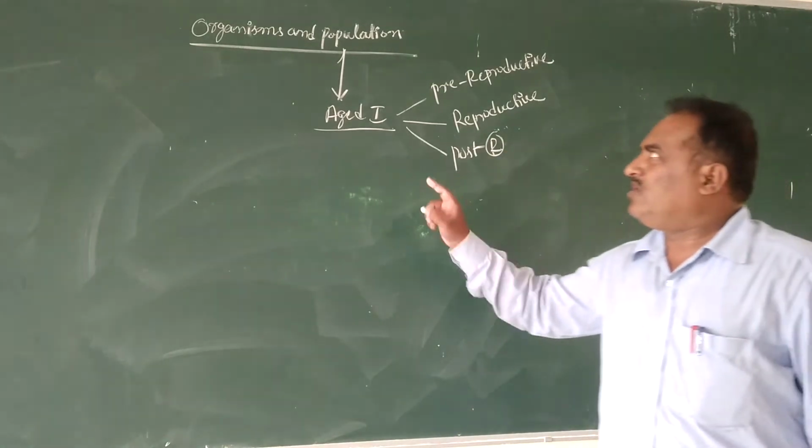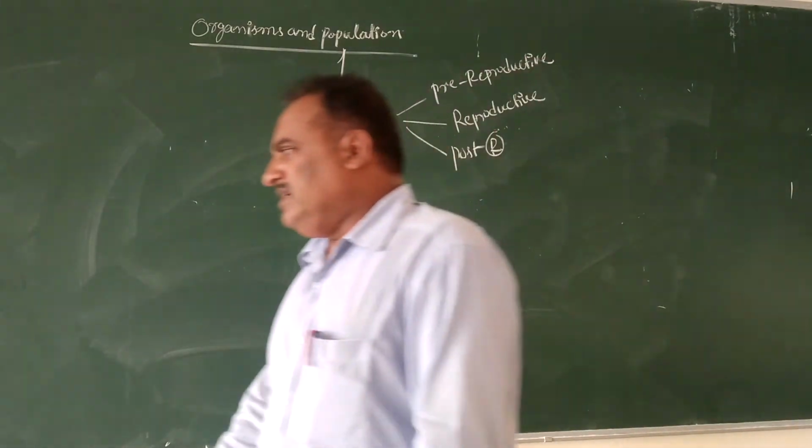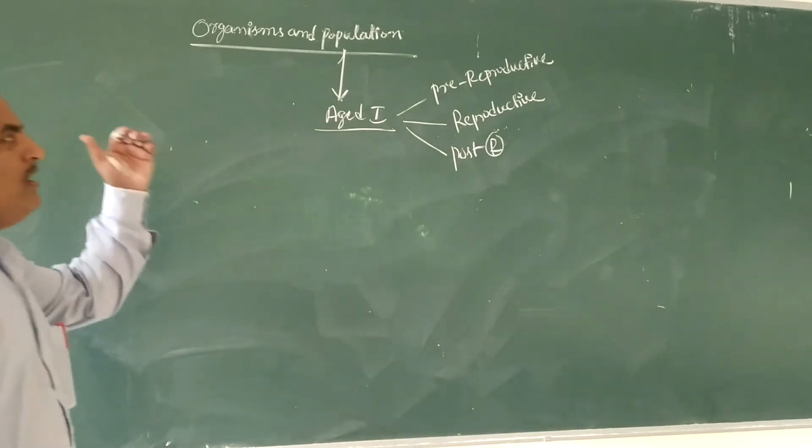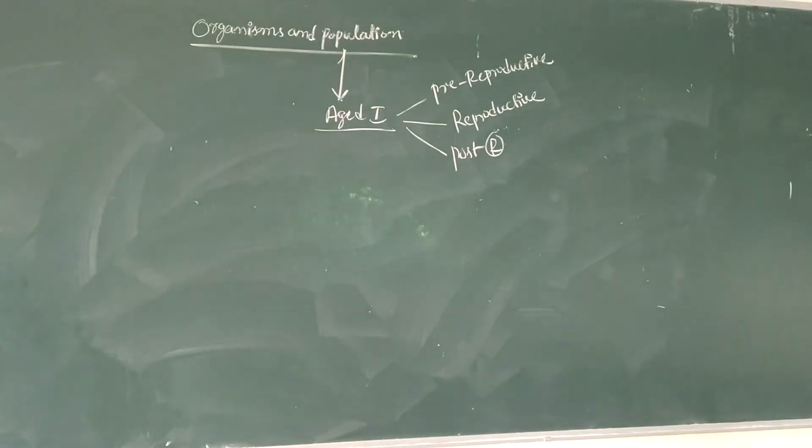The different aged individuals present in a population are grouped into pre-reproductive aged individuals, reproductive aged individuals, and post-reproductive aged individuals.